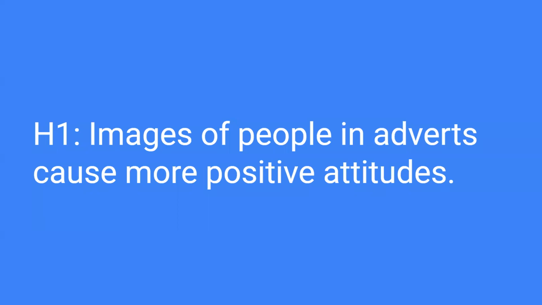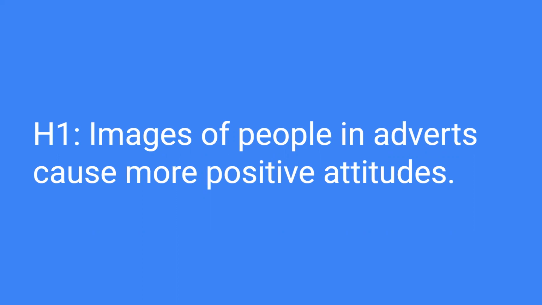We take the research question and we create a hypothesis based on it. Here it is, of course, important to go back to previous research and see what has been done before.